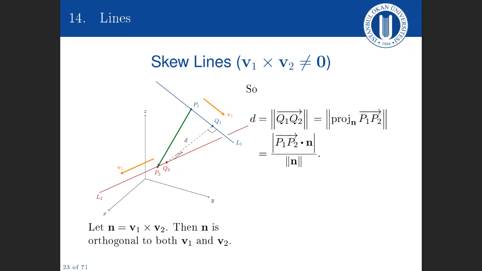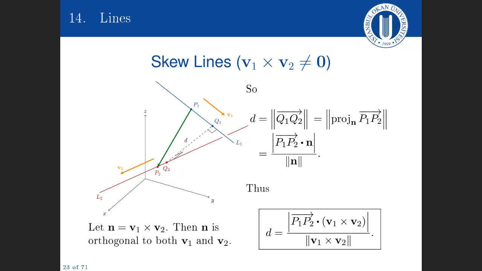And if we take the norm of this formula, we get the absolute value of P1, P2 dot n divided by the norm of n. But n is just V1 cross V2. So the formula that we're going to be using is the distance between skew lines is the absolute value of P1, P2 dot V1 cross V2 divided by the norm of V1 cross V2.